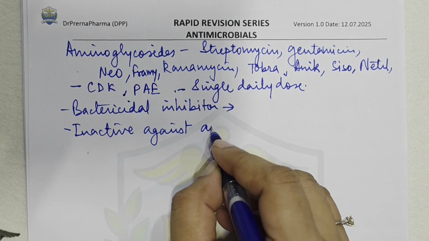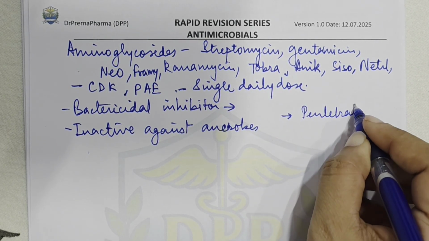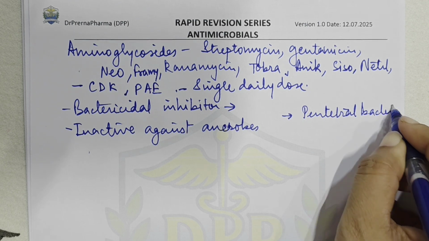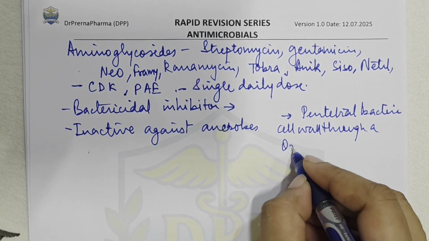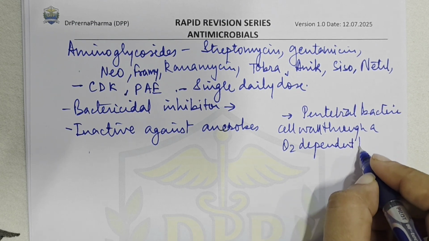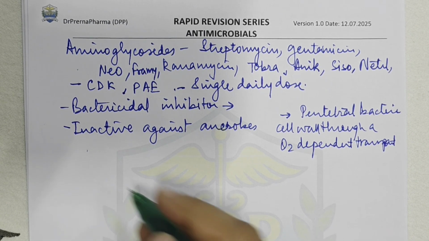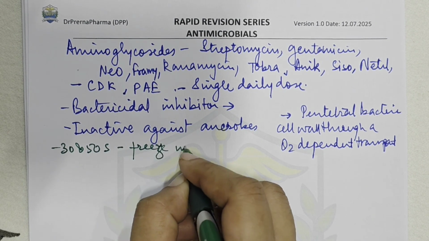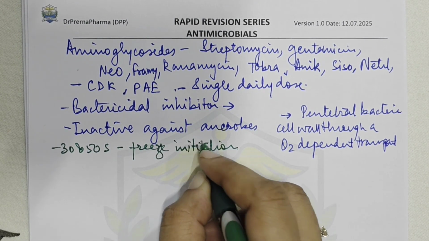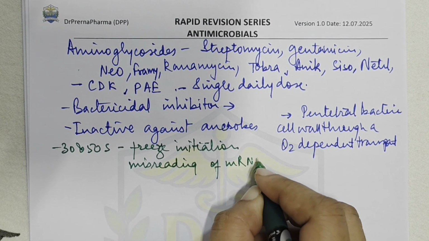They are inactive against anaerobes because they penetrate the bacterial cell wall through an oxygen dependent transport system, right? They bind to 30S and 50S ribosomal subunits, and they inhibit initiation and cause misreading of mRNA code.